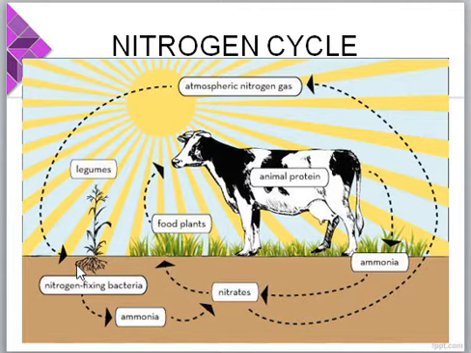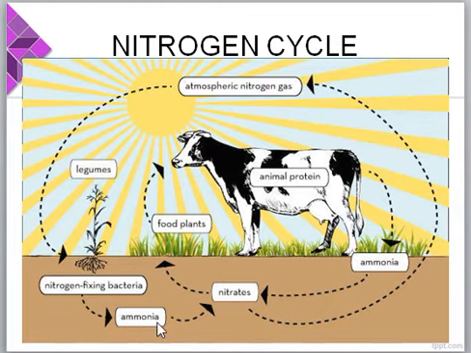An example of a leguminous plant is our peanut. Nitrogenase is the enzyme that breaks up the molecular nitrogen and combines the resulting nitrogen atoms with hydrogen, forming ammonia, or NH3.